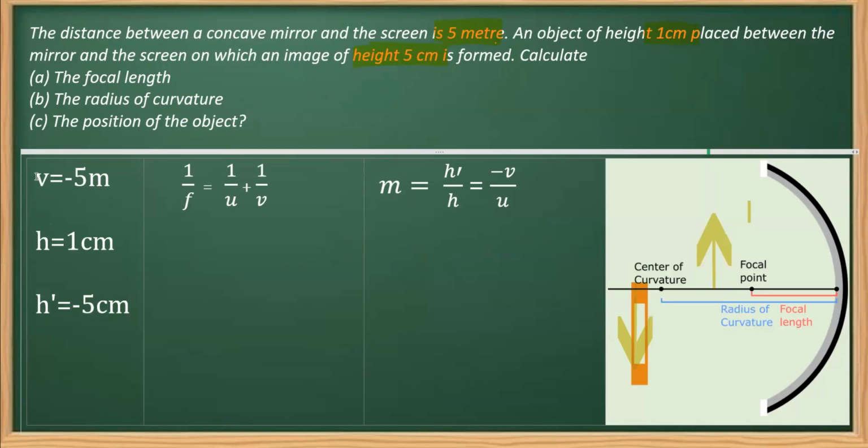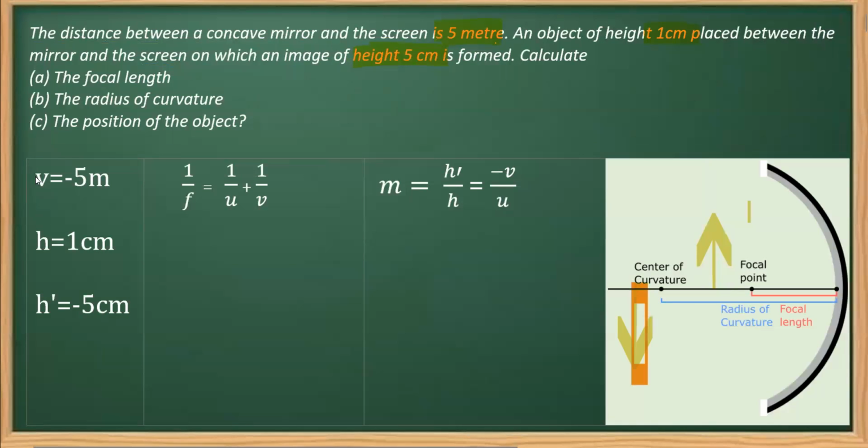Now let's understand once again why I have taken the height of the image as minus 5 centimeters. As you know, the image in this case is real and inverted, and a real inverted image is indicated by a negative sign. Now, what else do we have to find out? In the first part, we have to get the focal length.